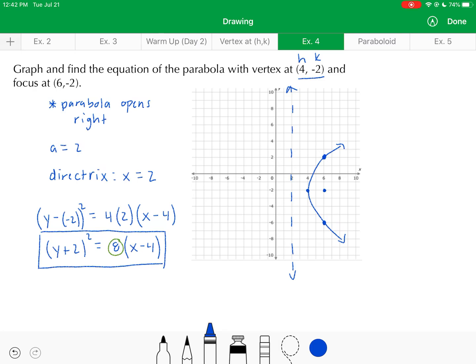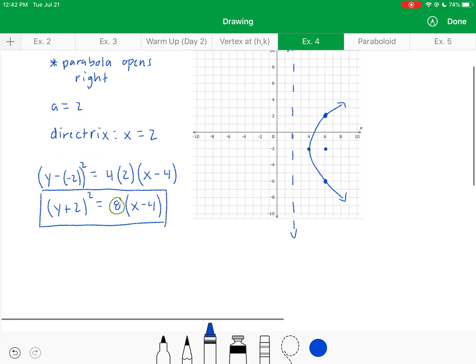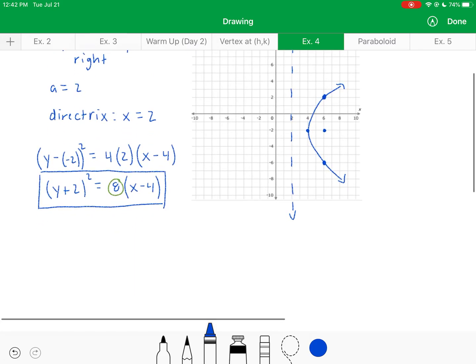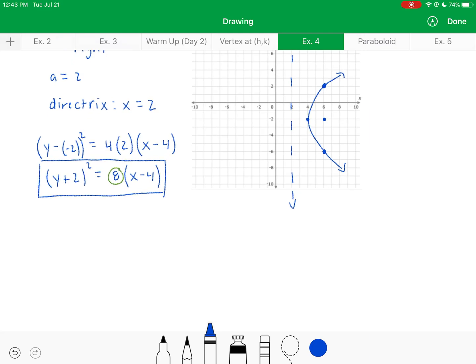All right, now let's just verify algebraically that those 2 points are on there. So if I use the x coordinate from my focus, which is 6, plug that into my equation, and then solve for y. So I have y plus 2 squared is equal to 8 times the quantity of 6 minus 4.